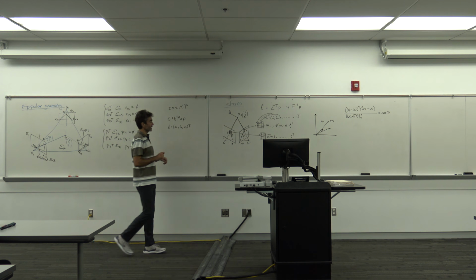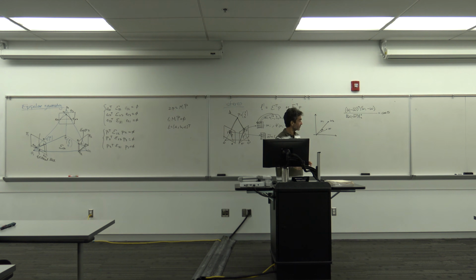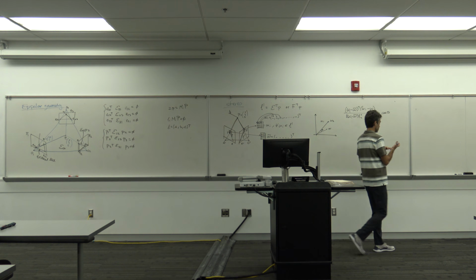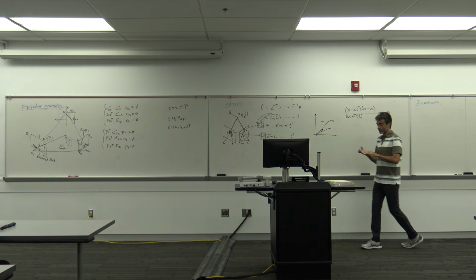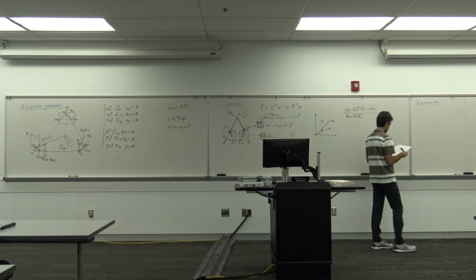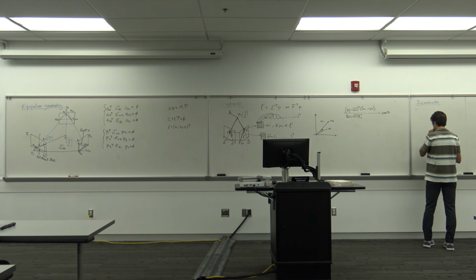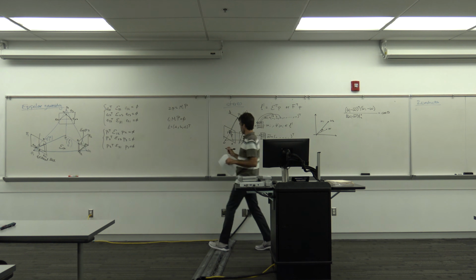Once I have this, I am ready to use epipolar geometry to reconstruct the point. This is called reconstruction. So now I can reconstruct my 3-dimensional point P, X, Y, and Z. To do that, I'm going to use the camera projection matrix.